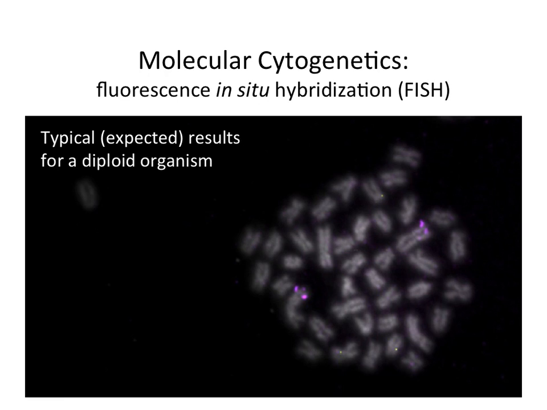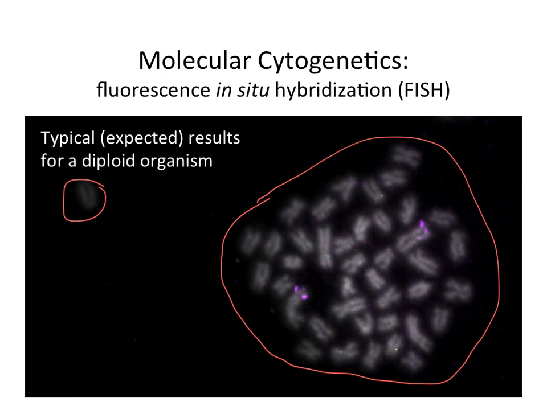So this is what a FISH experiment looks like in reality. We have a metaphase chromosome spread with one of the chromosomes sitting over here. And we have a DNA sequence, I don't know what it is right now, but that's not really important, a double-stranded DNA sequence, and that has been applied to this chromosome spread, and it's highlighting for us where in the genome exactly, on which pair of chromosomes, that sequence is found.